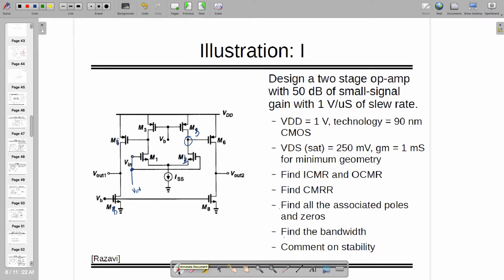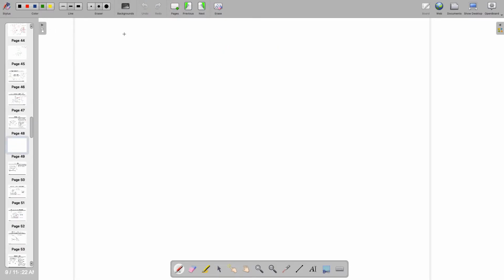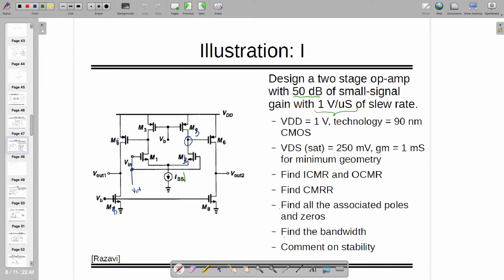now it's a similar question which we were trying to solve: 50 dB of small signal gain with 1 volt per microsecond of slew rate. So when it's 1 volt per microsecond, what can we find out? We can find out the current requirement or the tail current going from here.